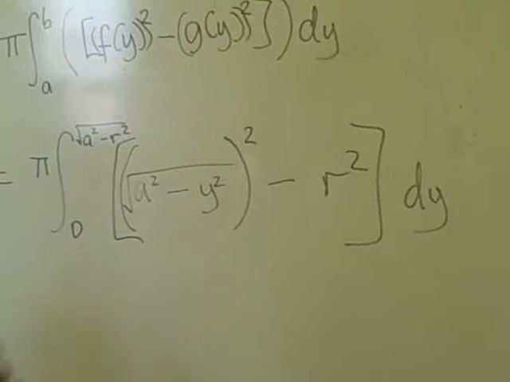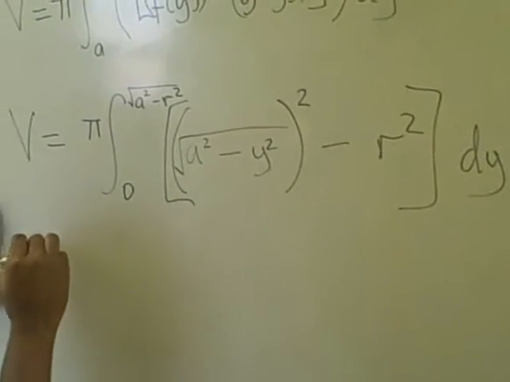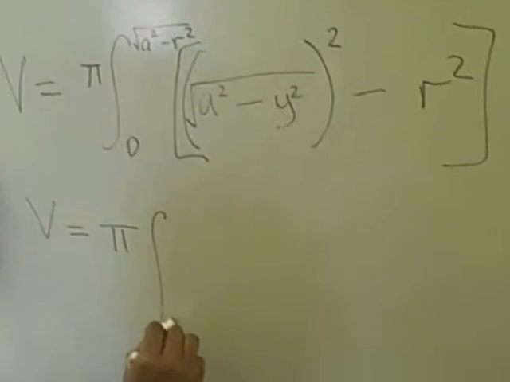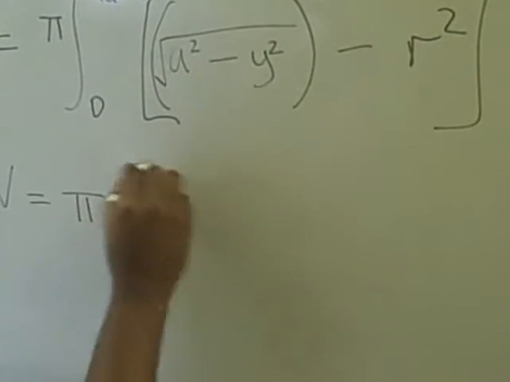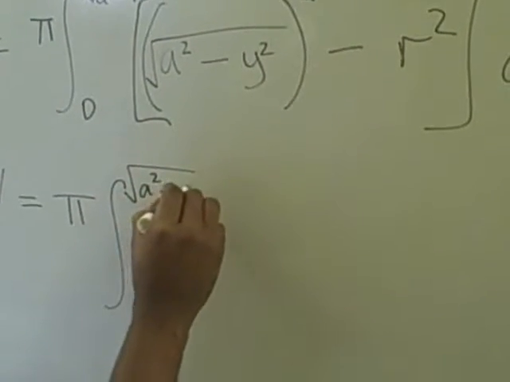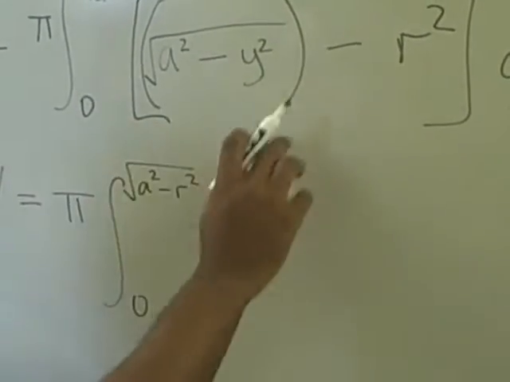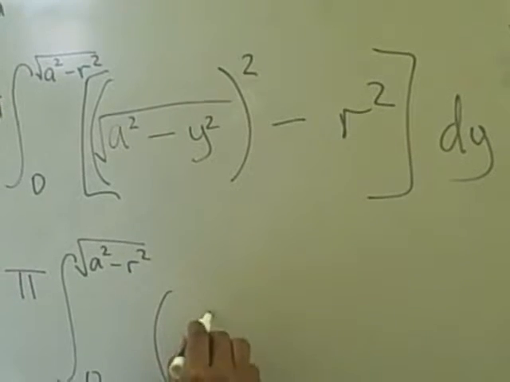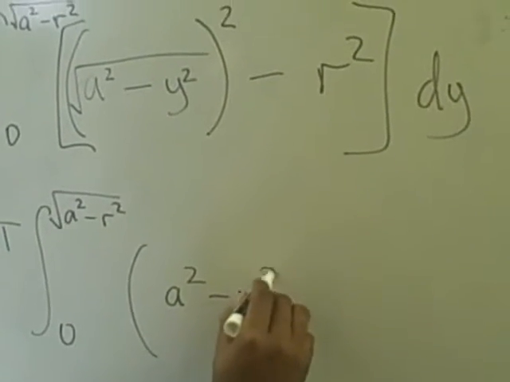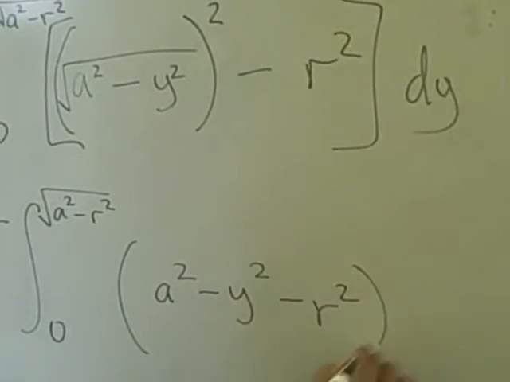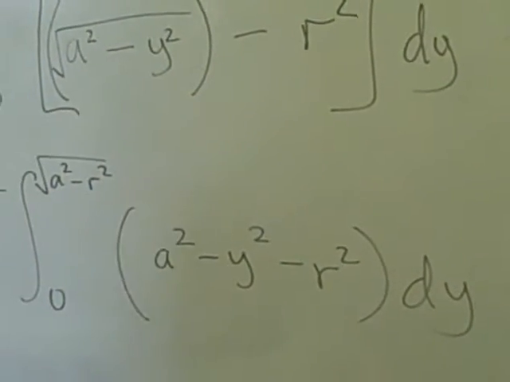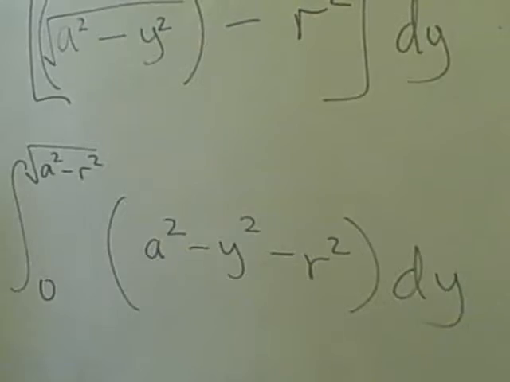If you simplify the equation further, you get V equals pi times the integral from 0 to the square root of a squared minus r squared, and you can square this. It'll give you a squared minus y squared minus r squared, all with respect to y, so you use dy to integrate.